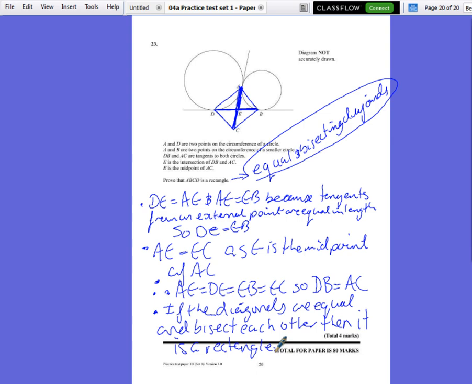So it seems quite obvious once you've done it, but you've just got to state the obvious. A lot of the time it's stating what they've already said in the question, but the key thing you had to know there is that the diagonals of a rectangle bisect each other and are equal in length. So if you knew that, the rest of it comes through from the circle theorems. But you've just got to literally write what you see then.